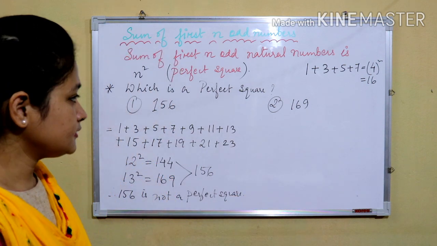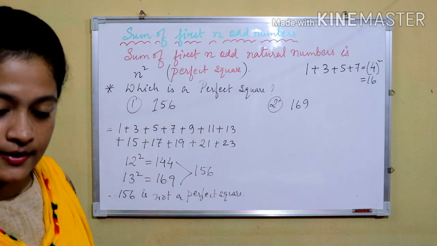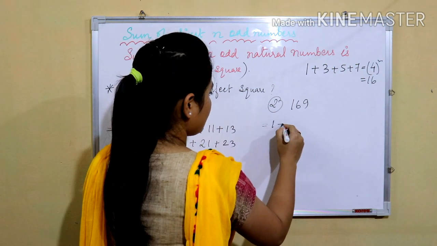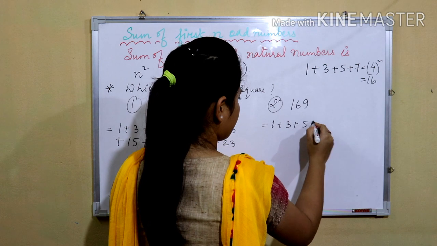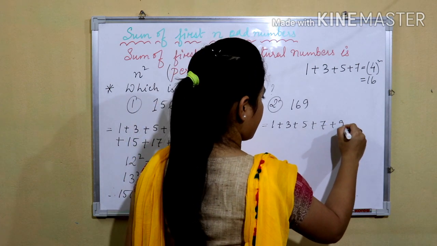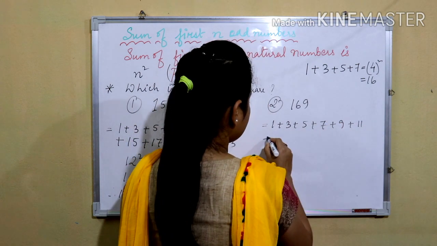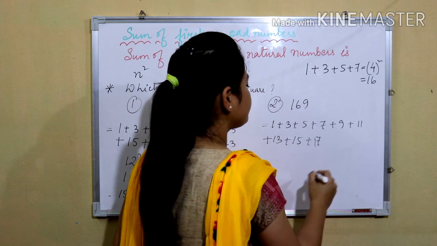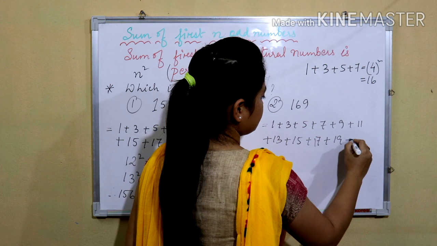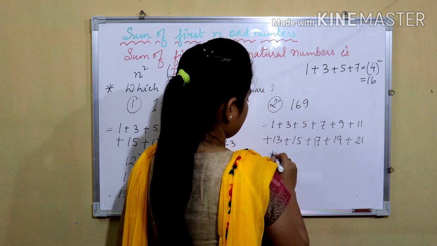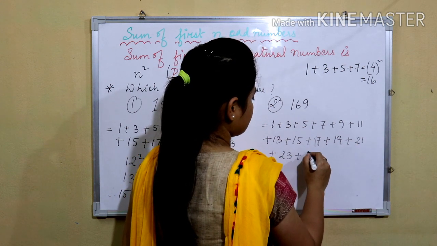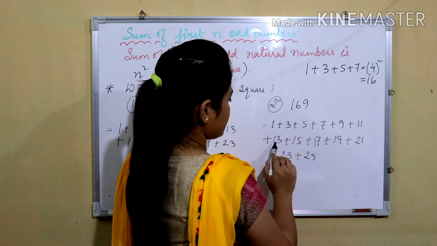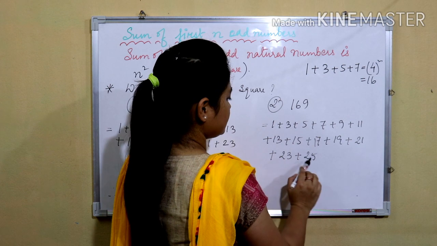Okay, and 169, is it a perfect square? Let us see. 1 plus 3 plus 5 plus 7 plus 9 plus 11 plus 13 plus 15 plus 17 plus 19 plus 21 plus 23 plus 25. Let me count. 1, 2, 3, 4, 5, 6, 7, 8, 9, 10, 11, 12, 13.